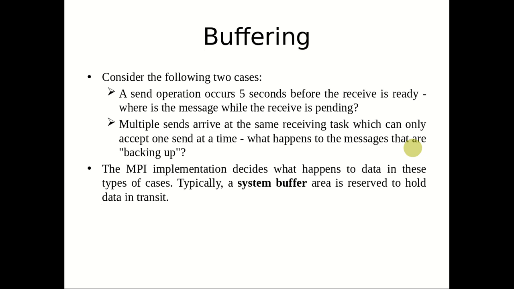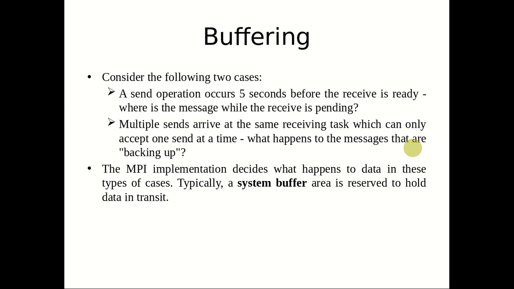So then we come to buffering. Consider a case where a send operation occurs 5 seconds before the receive is ready. So where is this message? This was also covered in computer networks: if the message reaches the receiver earlier than it is ready to receive it, then it can be stored in a buffer.